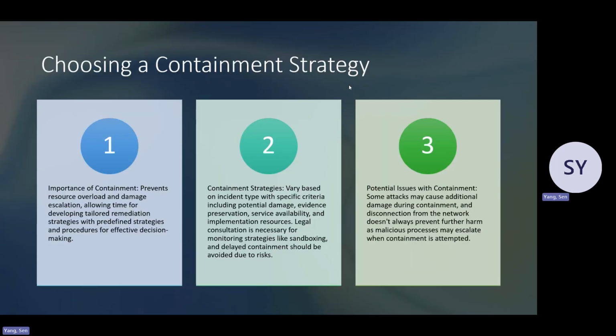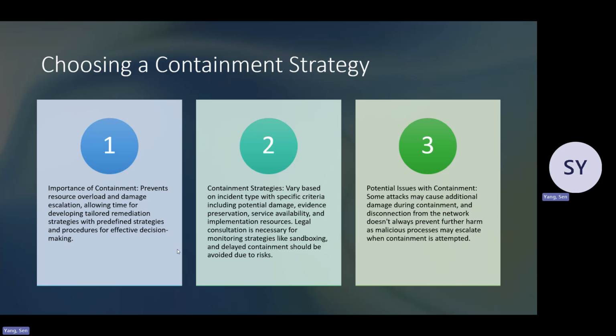To start with containment, what is a good strategy? There are three steps that I want to talk about here. Number one is the importance of containment. It is critical because it prevents resource overload and damage escalation, and gives time for developing tailored remediation strategies with predefined strategies and procedures for effective decision making.